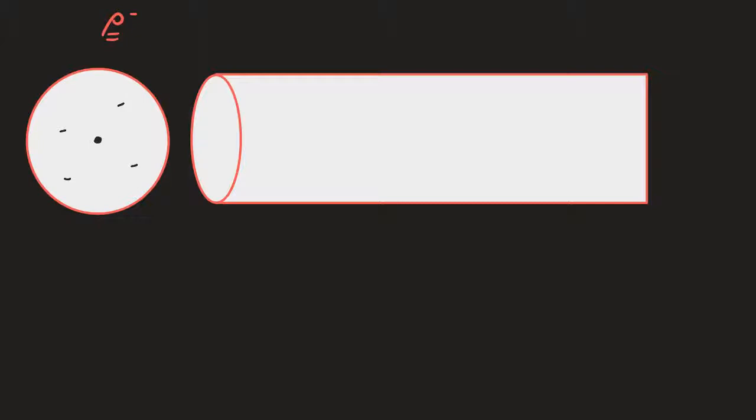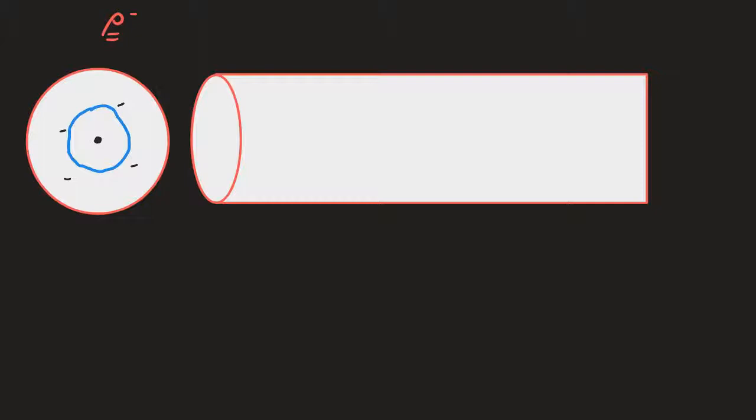Now, how many of you can see in your mind that as I create a Gaussian surface that expands from the center, that Gaussian surface is going to collect more and more charge? Do you see that?